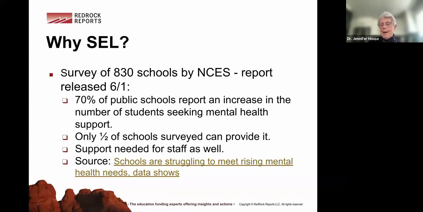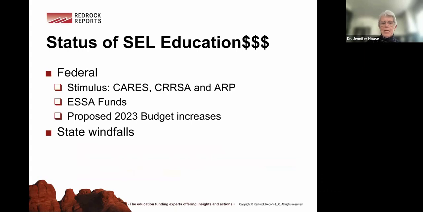So really, schools are struggling to meet the rising mental health needs. Anytime you see this, the color of that hot link, that is a hot link to the report. So if you need something for a presentation that you're doing or some business planning, you can click on that for that information.